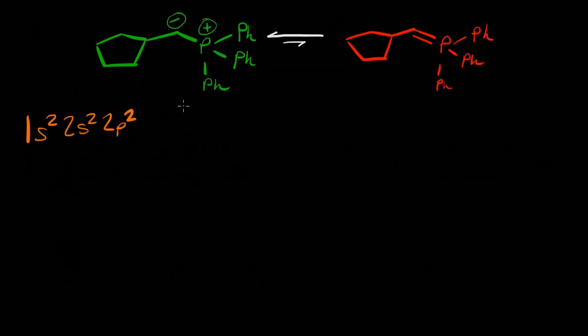So if we can reason through this, with our 2s2, maybe one of the electrons goes to making a bond with this carbon, and maybe another one goes to making a bond with that hydrogen. And so those account for our 2s2 electrons.